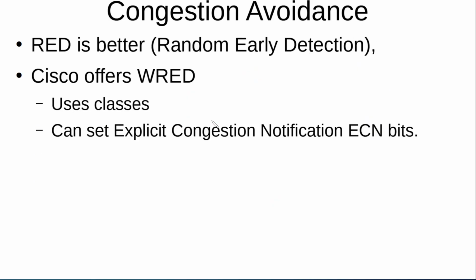There are better options, such as random early detection. Cisco offers weighted random early detection, where you can configure your router in order to drop more packets for certain flows and drop fewer packets for more important flows.